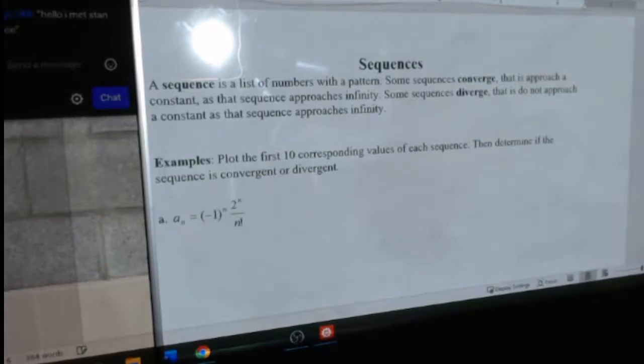All right, so our sequence was (-1)^n times 2^n divided by n factorial.